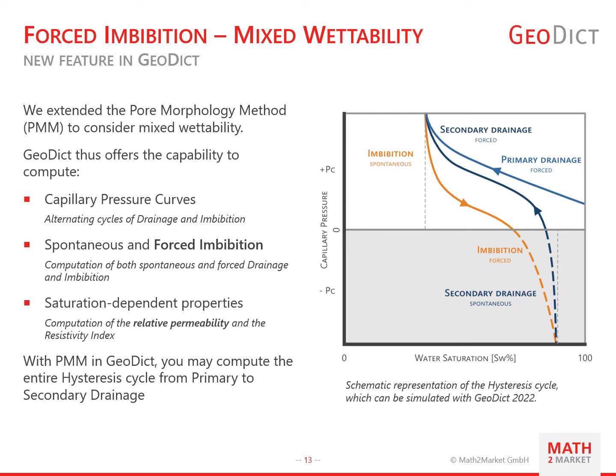And finally, based on the resulting set of fluid distributions, the computation of saturation-dependent properties, such as relative permeability and the resistivity index. This image schematically represents the capabilities that we have now extended by this very important part. So with the pore morphology method, you may now compute the entire hysteresis cycle of primary drainage, imbibition, and secondary drainage.